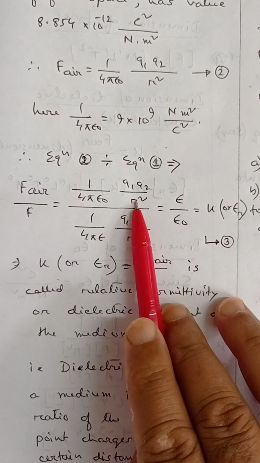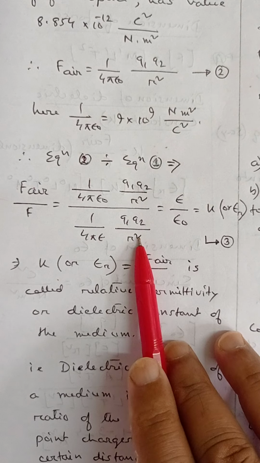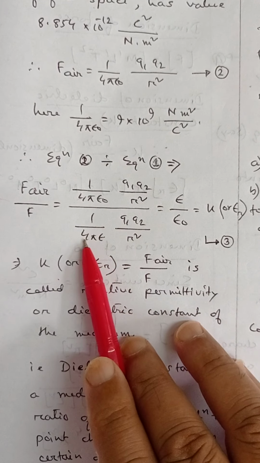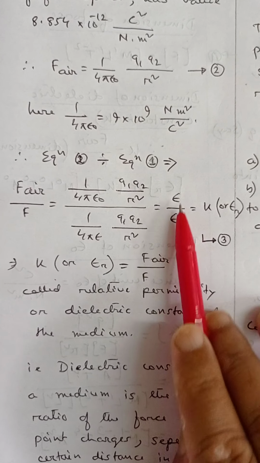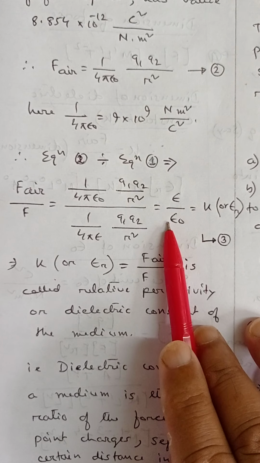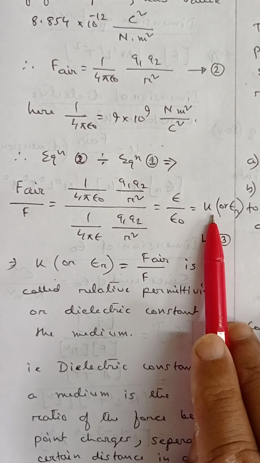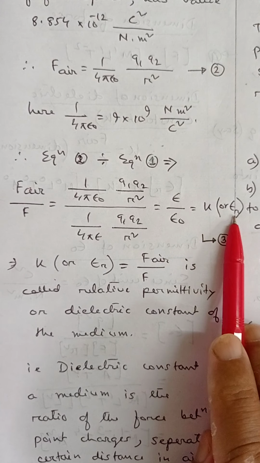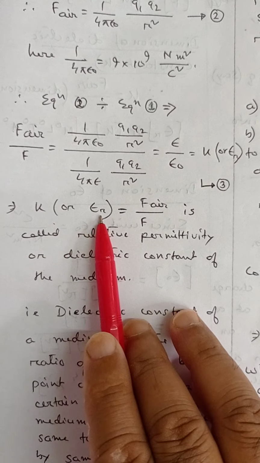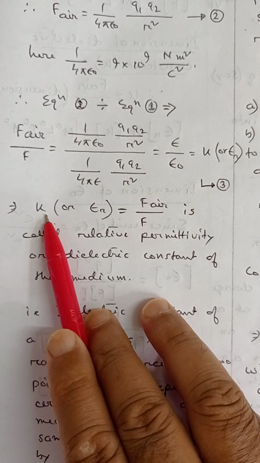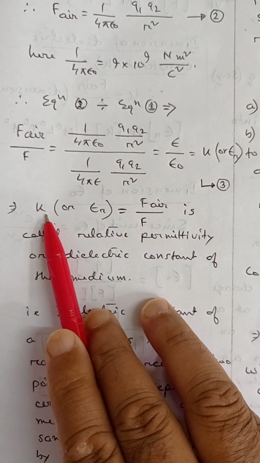Q1 Q2 by R square cancels, and 4 pi cancels. So we get epsilon by epsilon 0. This epsilon by epsilon 0 is another constant. It is called K, or sometimes written as epsilon R. This K is called the relative permittivity of the medium or the dielectric constant of the medium.